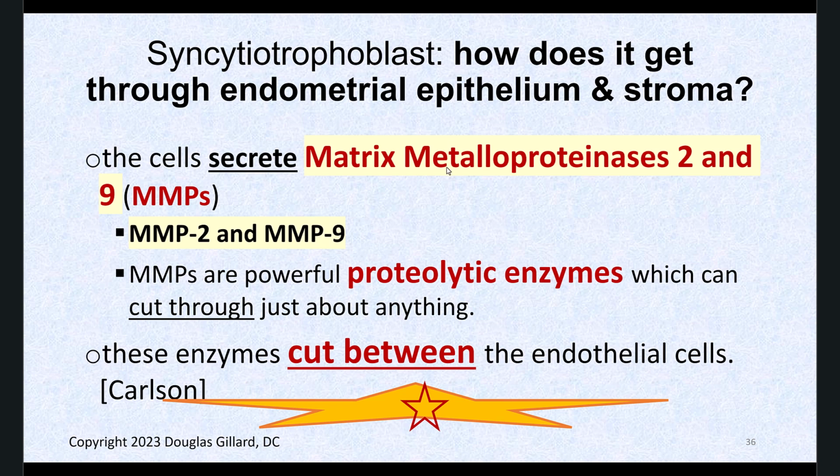How does it get through? So some of you wonder, well, how does the Syncytiotrophoblast pull it through? We need to soften up the layers of the endometrium. And the Syncytiotrophoblast cells also secrete things called matrix metalloprotease 2 and matrix metalloprotease 9, the MMPs 2 and 9, similar to the ones that cause degenerative disc disease, like stromelysin and all that gang.